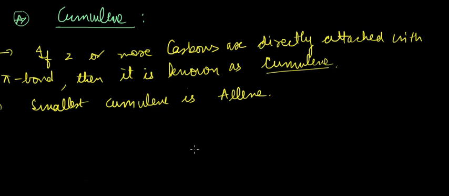Okay, so if the number of pi bonds is even in cumulene, then the terminal carbon valencies are perpendicular to each other, and it will not show geometrical isomerism.